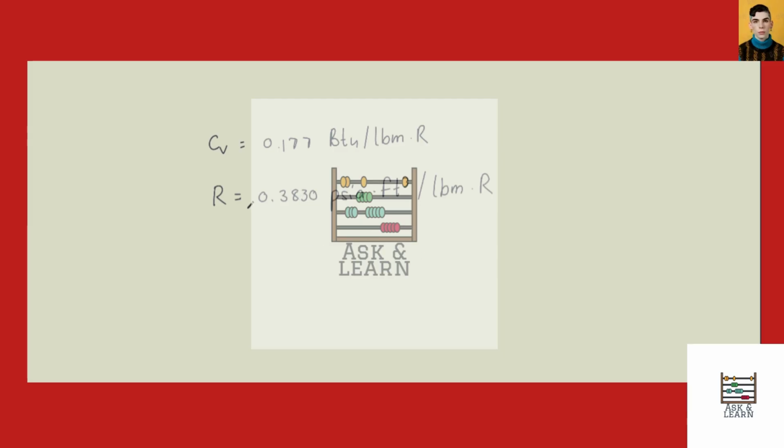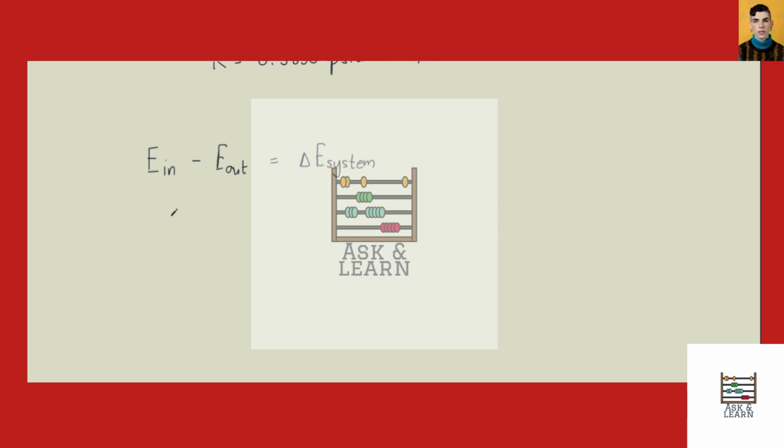So the first thing we will do in this problem for our gas is look at the energy balance equation, which says that the energy in minus the energy out is equal to the change in energy of the system, delta E. Now, the only energy in is the work done by the paddle wheel, W_PW,in.